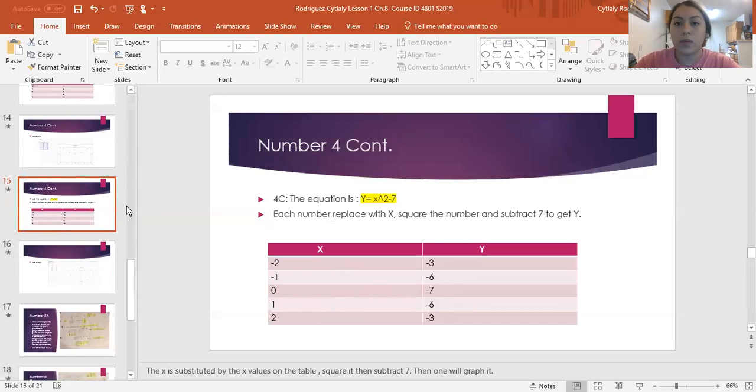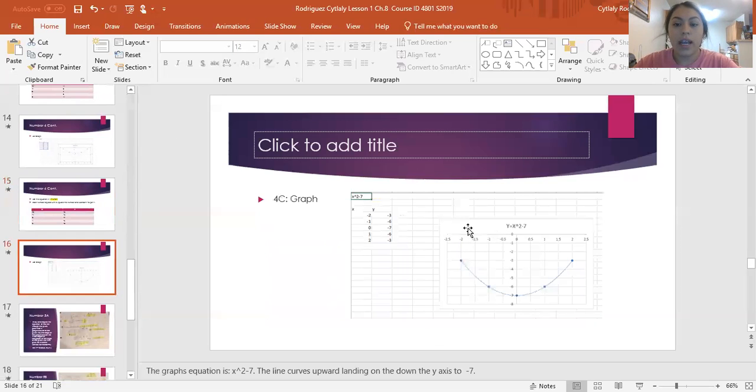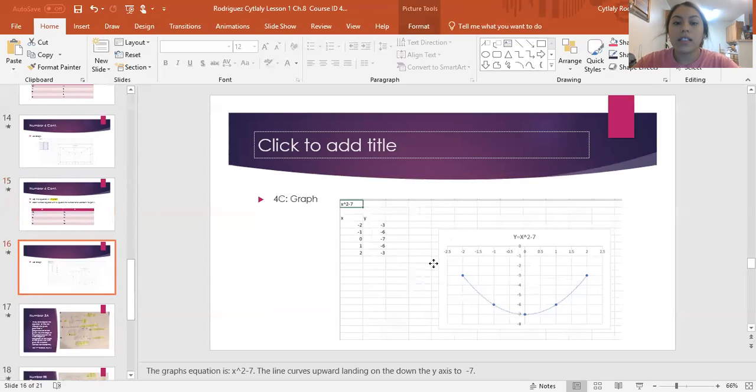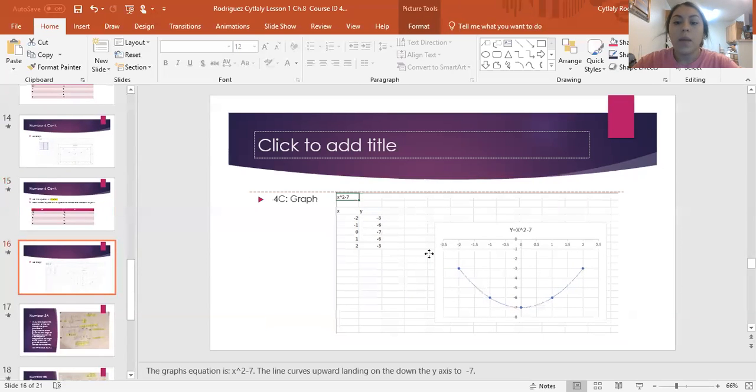I did this chart as well on Excel, but you can do it on PowerPoint. And I used my snipping tool and just copy and paste this. But here's what the graph looks like. So it went down on the y-axis to -7.